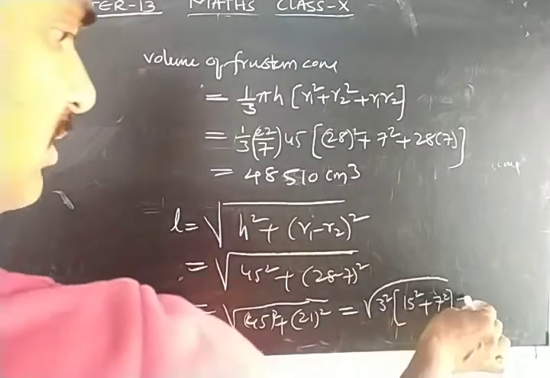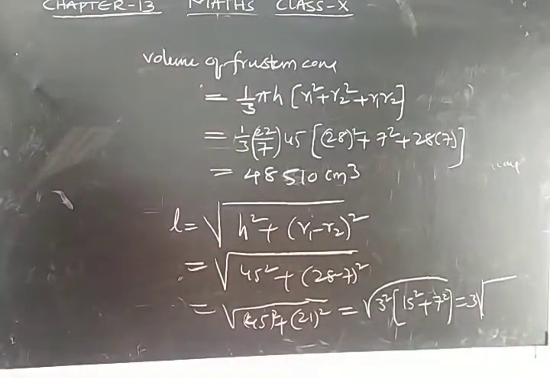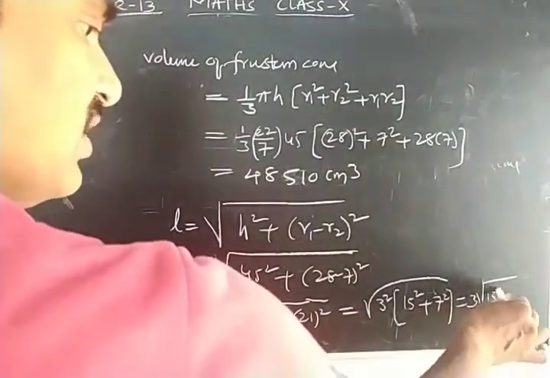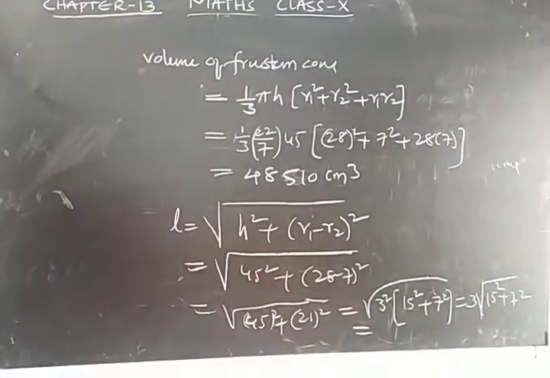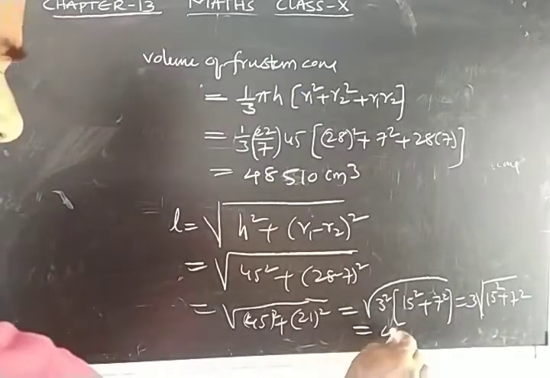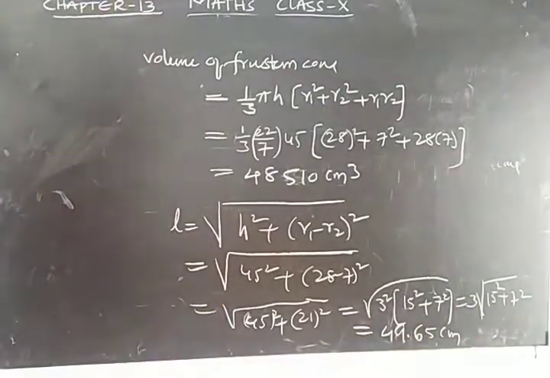So I have taken 3 square common, take 3 outside, then 15 square plus 7 square. You will get 3 under root 15 square plus 7 square. After simplification you will get the value 49.65 centimeters. L, the slant height, is 49.65.